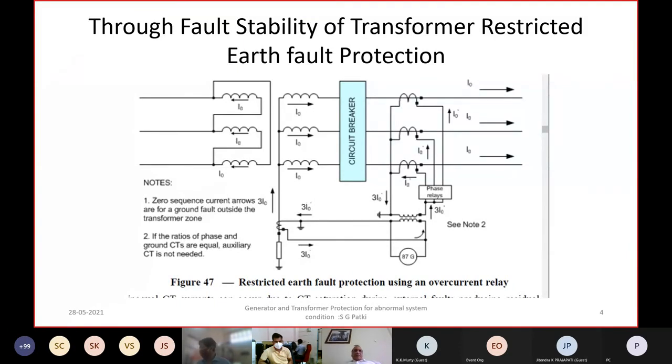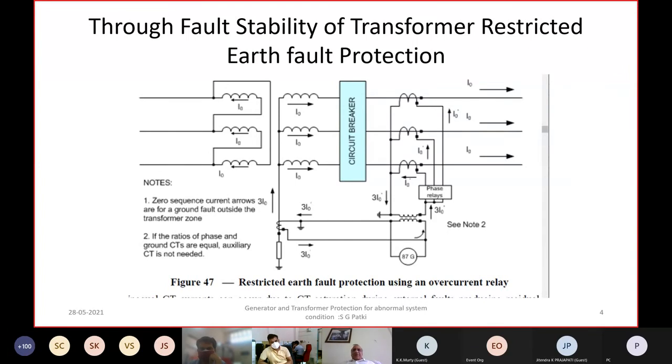So when the X by R ratio is high, what happens is that there is a heavy DC offset during the transient, subtransient stage, and the CT performance normally is not exactly the same on the HT side and LT side, unlike in a generator where the line side CT and neutral side CT can both have exactly the same ratio and same characteristics.